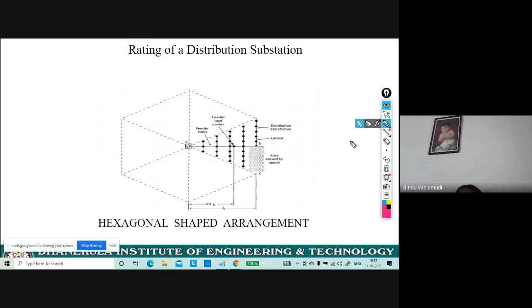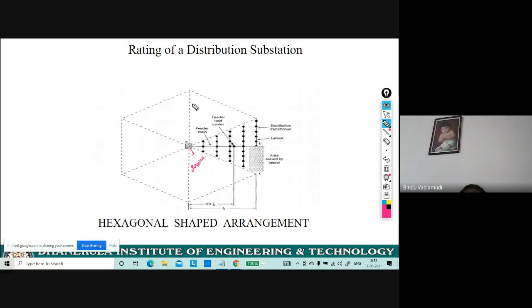Without your response, what can you observe from this diagram? What have you understood from this diagram? Is it the substation which is located at the center, where the feeders are connected?